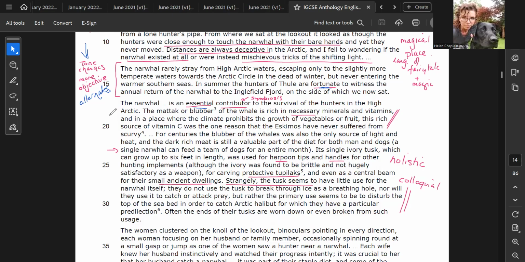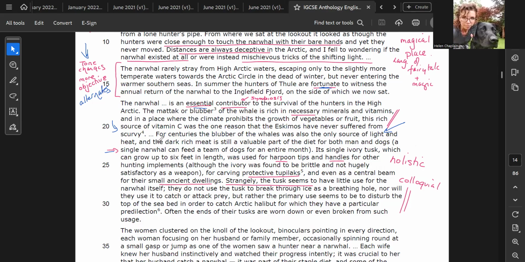Again, we've got factual ideas, the source of vitamin C, the history, and the listing of all of the things that the narwhal provides: light, heat, meat, diet, provides sustenance for man and dogs.